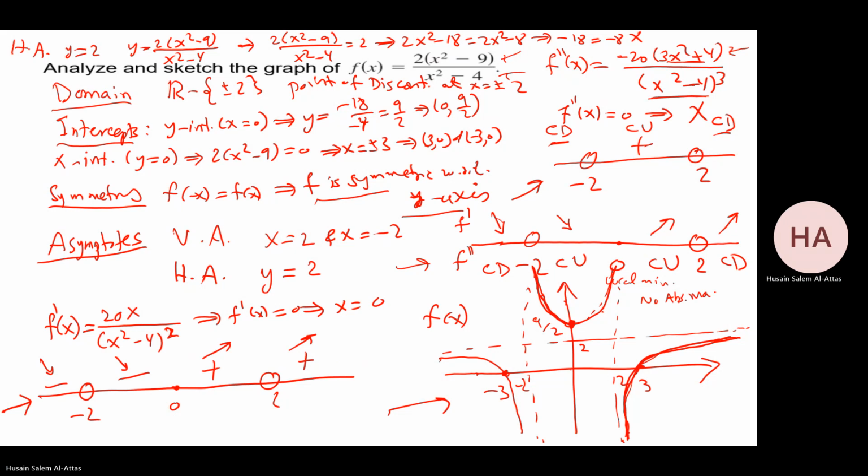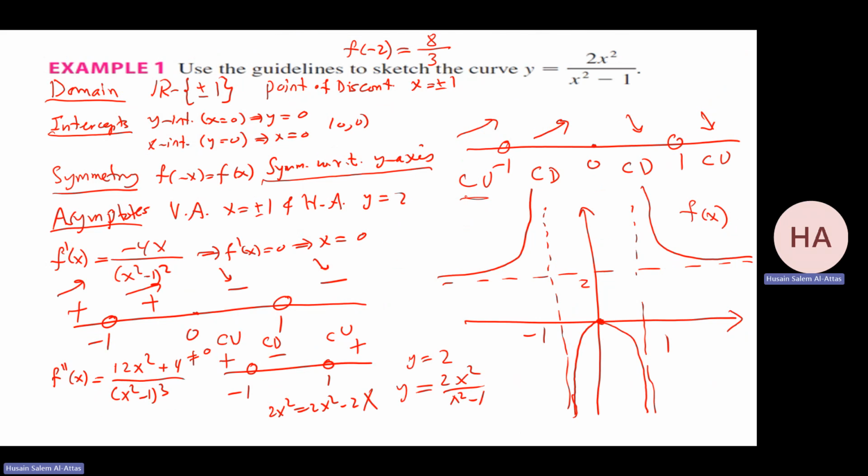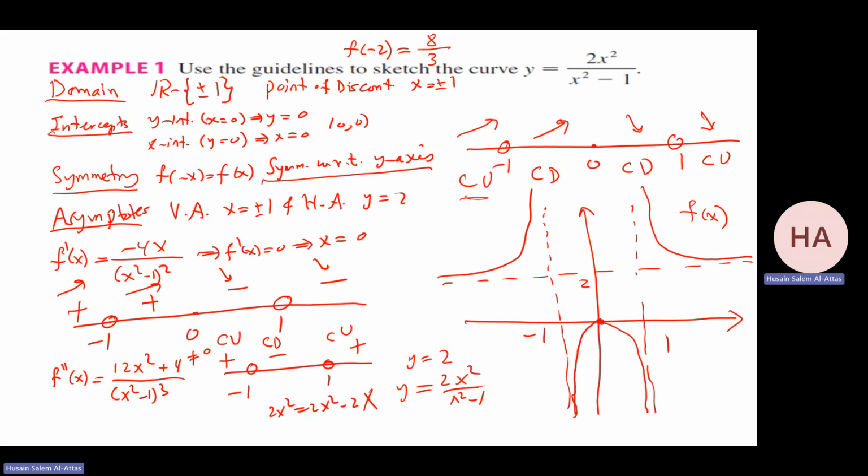But the range of this function, the y values, is from minus infinity up to 2, open, and from 9/2 to infinity. I'll do the same here. You have no absolute maximum, no absolute minimum.